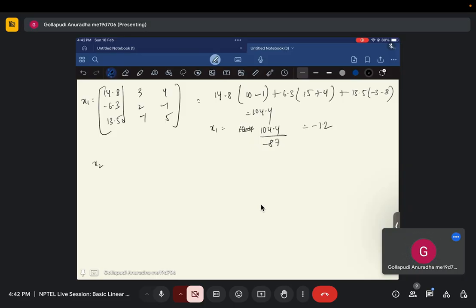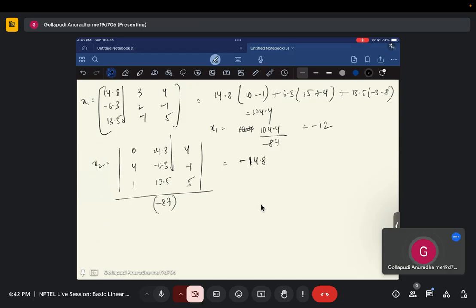And x2, the determinant of 0, 4, 1, 14.8, minus 6.3, 13.5, 4, minus 1, by minus 87. So now I'm going with the second column. First of all, you have to be careful about the cofactor.